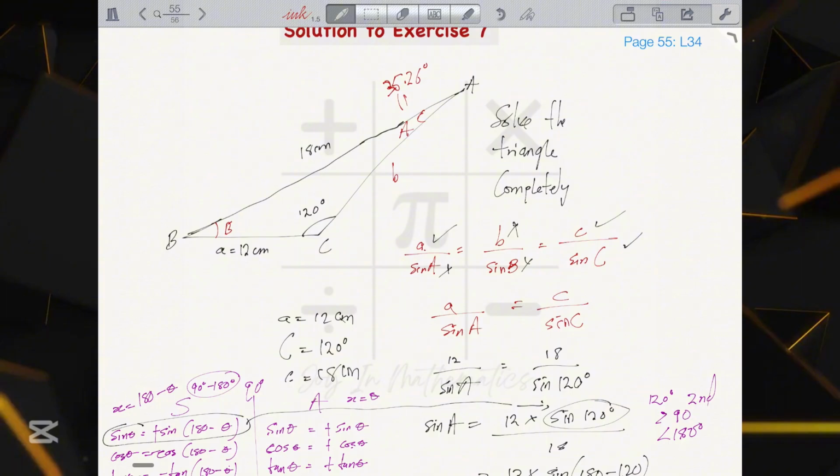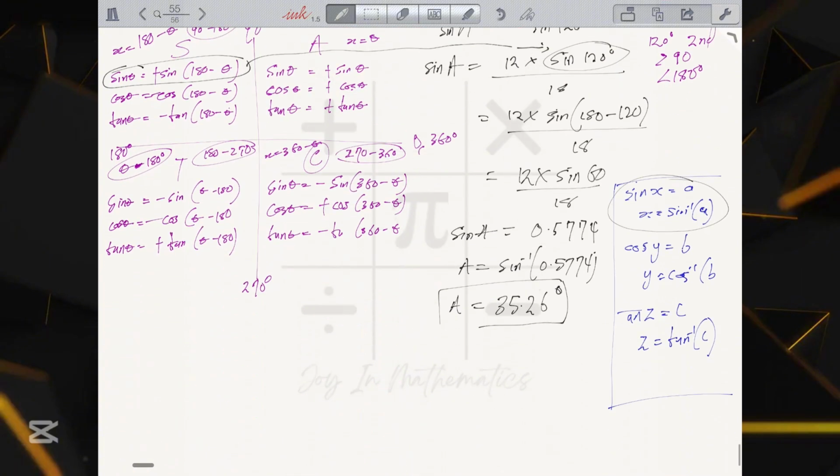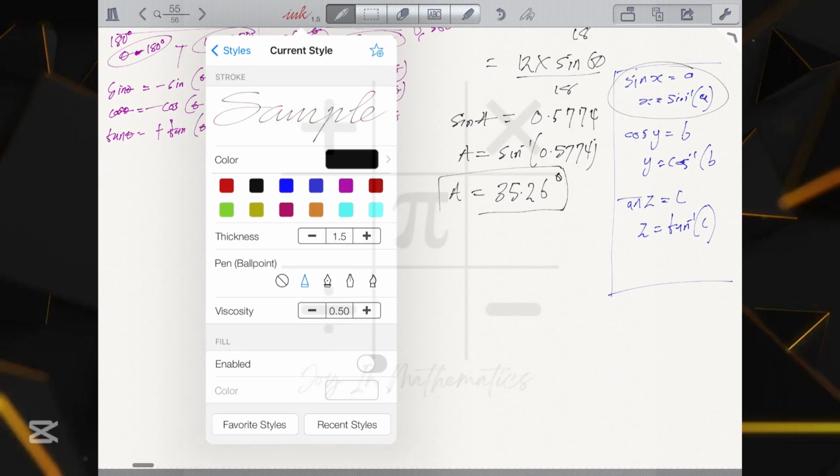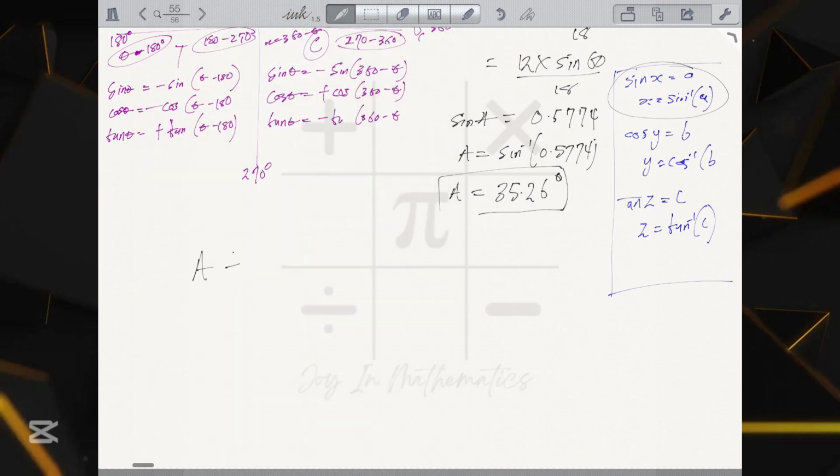To evaluate B, we'll just use the sum of angles in a triangle. We understand from trigonometry that A plus B plus C is equal to 180 degrees. Given that the sum of angles in a triangle is equal to 180 degrees, we have our A to be 35.26 degrees. We want to evaluate our B, and we know that C is 120 degrees.